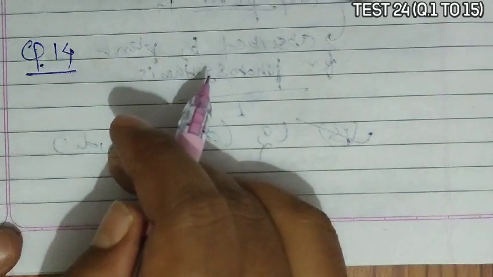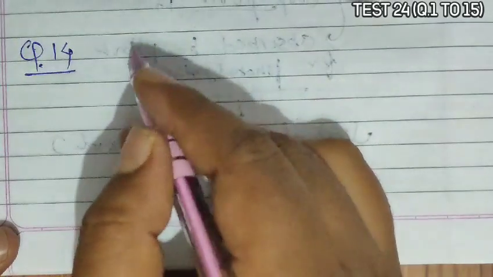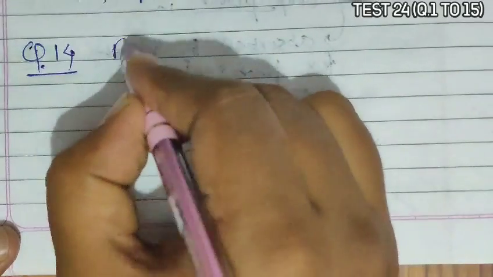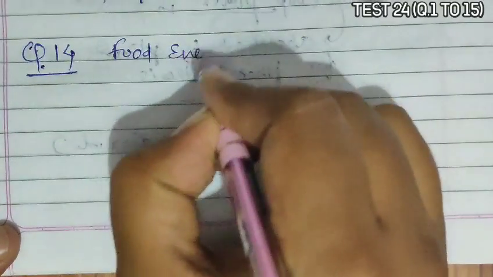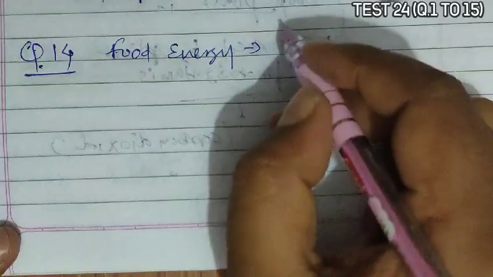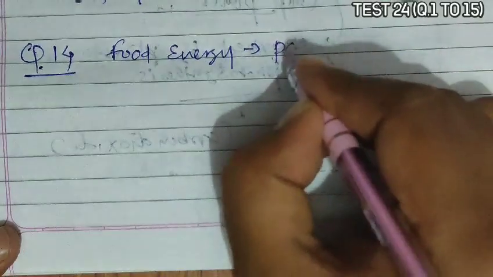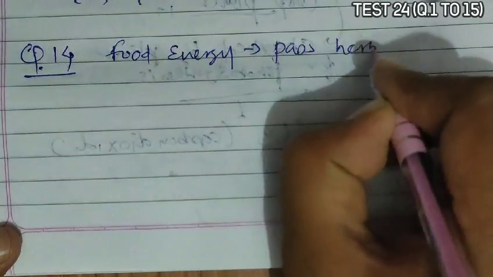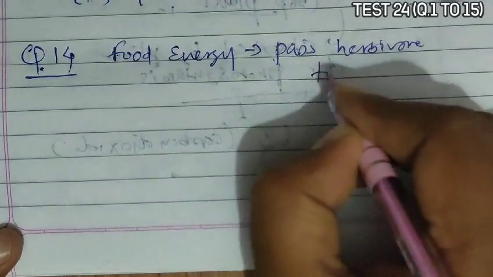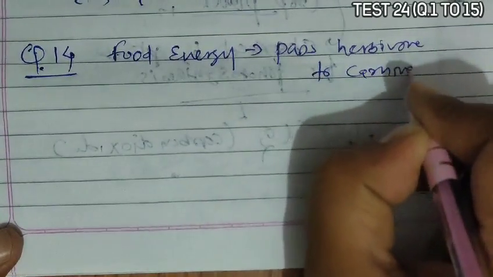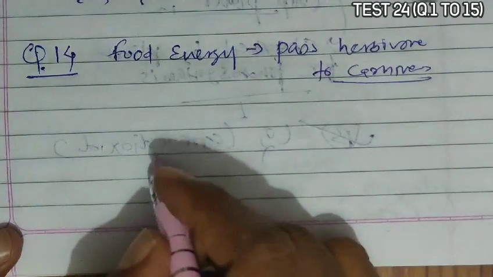Question 14. Question 14 asks that when food energy passes from herbivore to carnivore, that is in the trophic level.